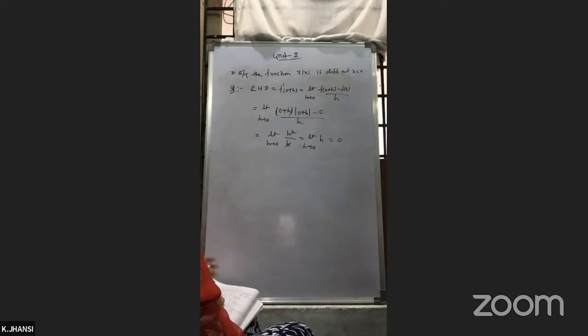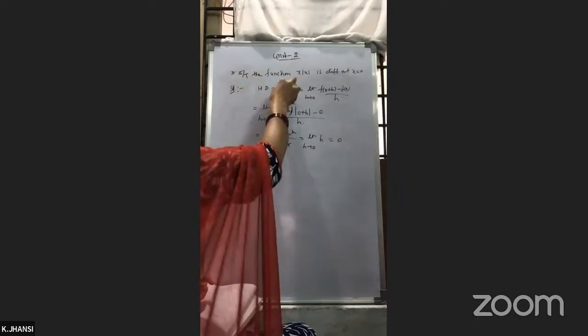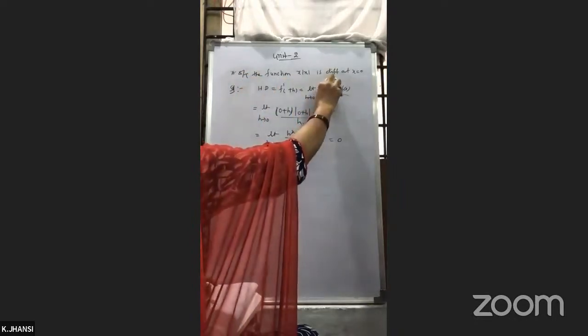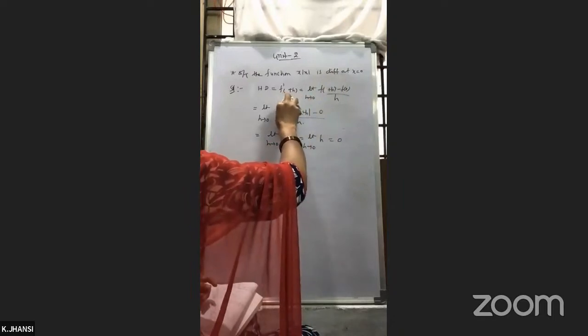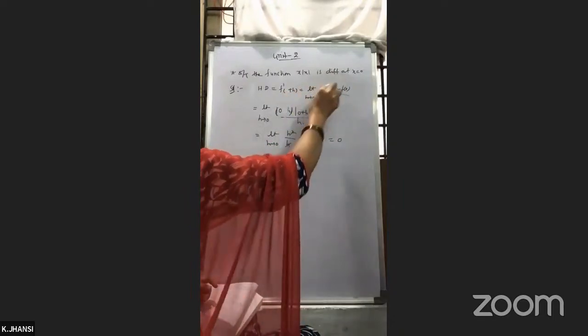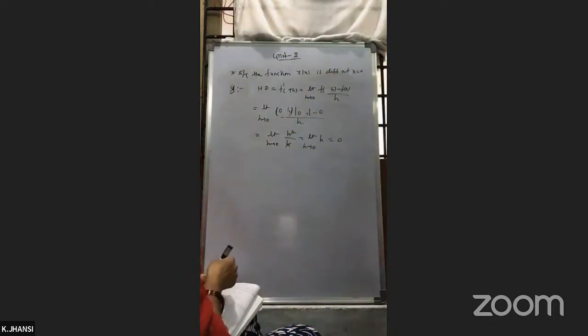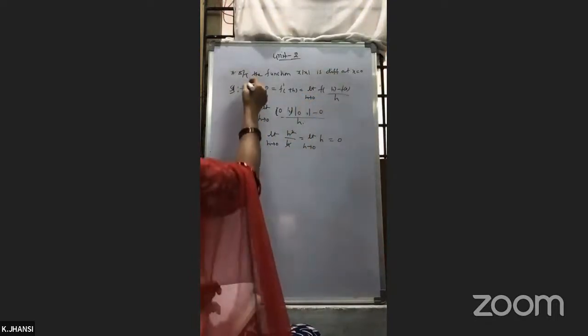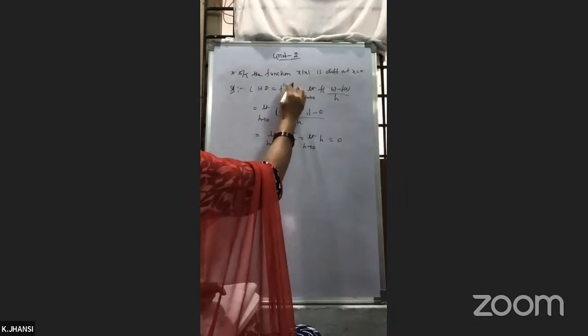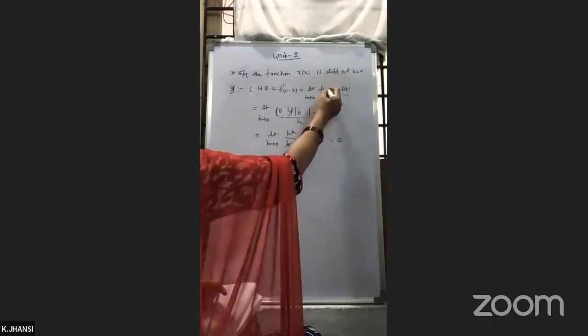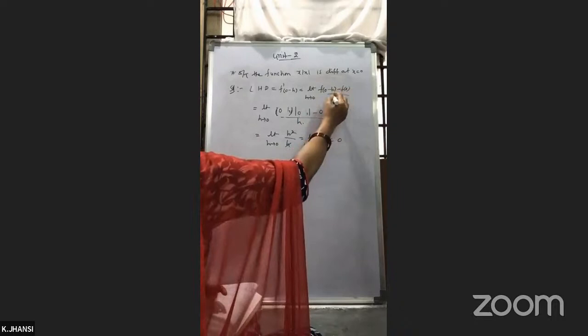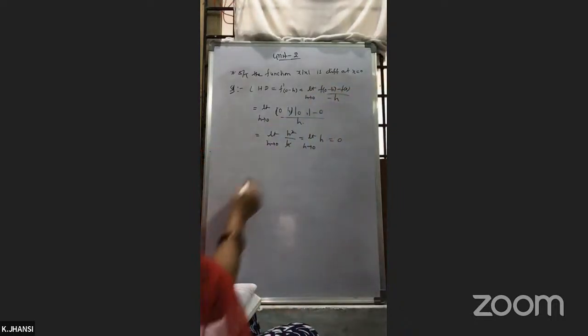In the similar way, we can find the LHD also. So LHD, what you'll get? This is 0 minus h, f of 0, and in the denominator you will get minus h.